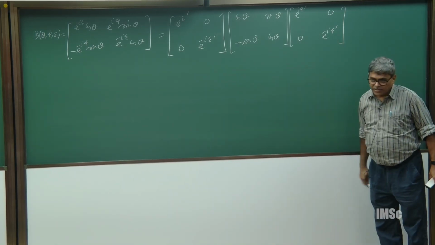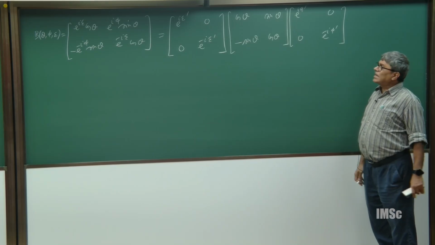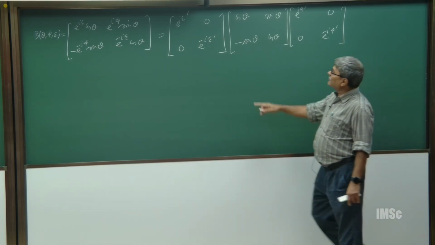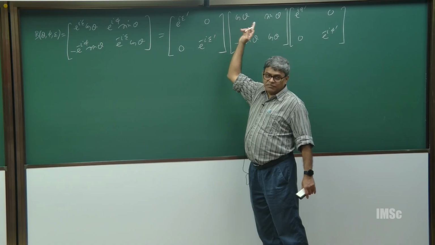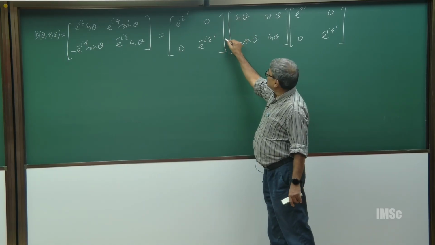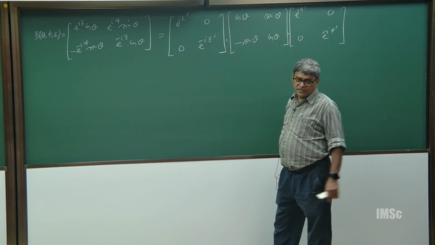So, what do I need to figure out? What these phases epsilon prime and phi prime are, and this is just a simple product of these three matrices.